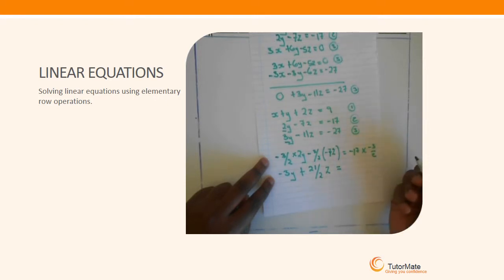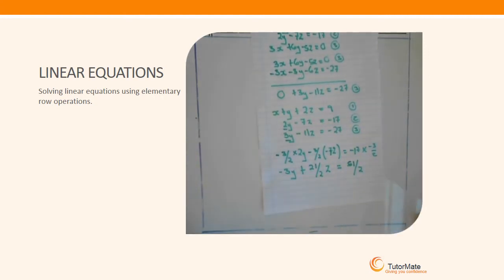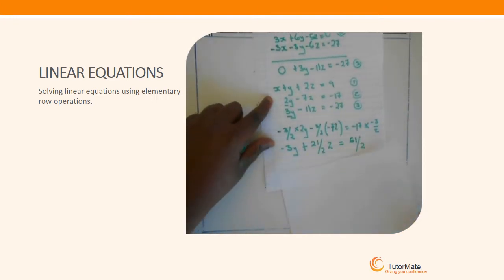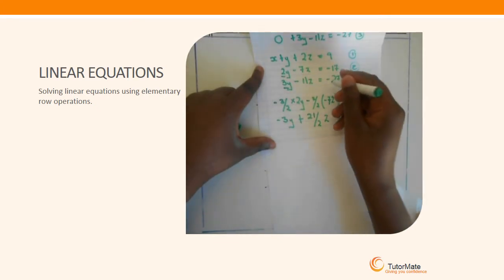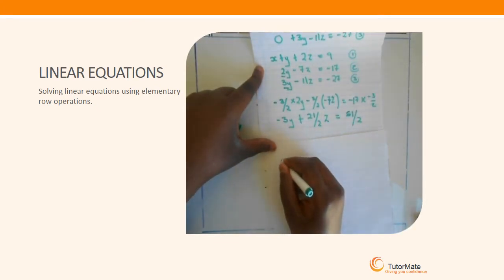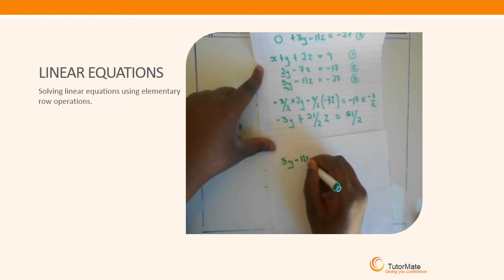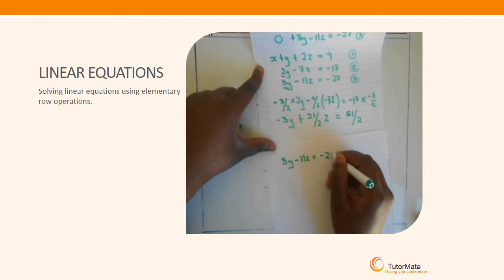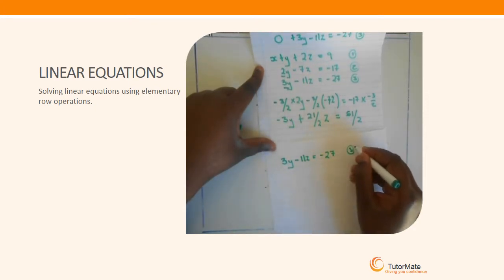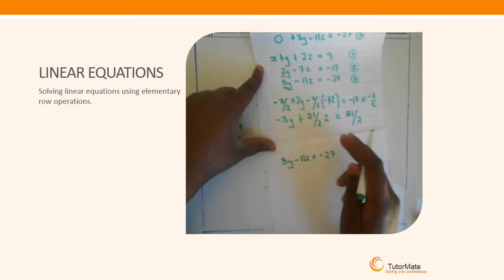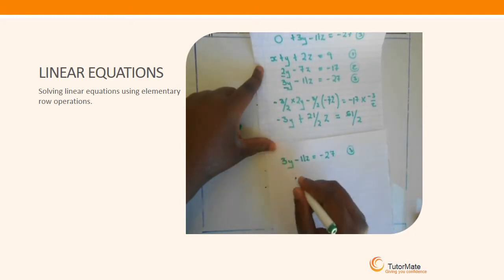Minus times minus is positive, so you get 51 over 2. Therefore, you take your equation 3, 3y minus 11z is equals to minus 27, and add it to equation 2, which you multiplied by minus 3 over 2.